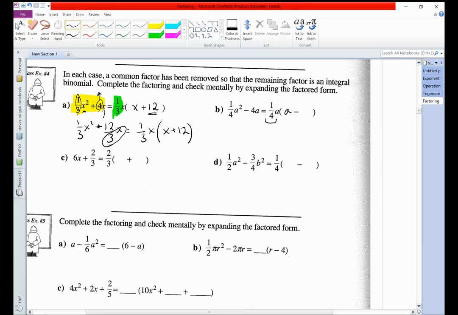And here, if I remove 1/4 from -4, it's going to become -16. Because now if I factor this back in, I need it to become 4a. So 1/4 a times 16 will reduce to 4a. Hopefully that makes sense.